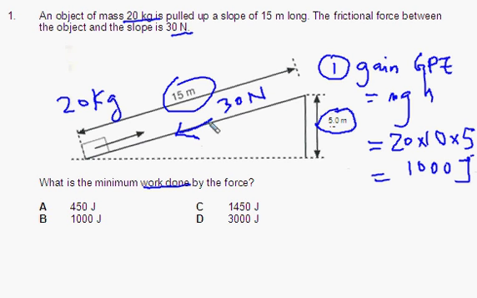For the second part, you notice there's another force given in the question, which is the frictional force. The work done by this particular force, this arrow here, is used to overcome the frictional force. So the second thing is the work done against friction.